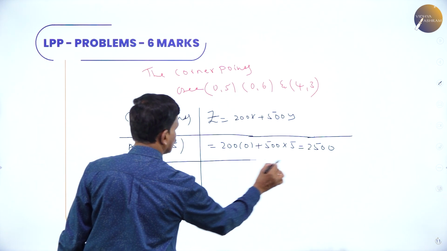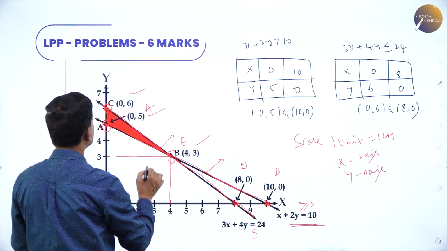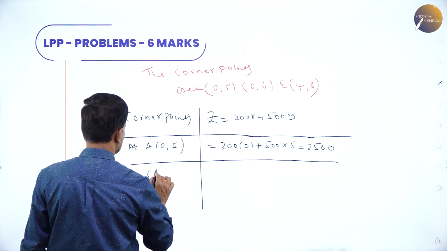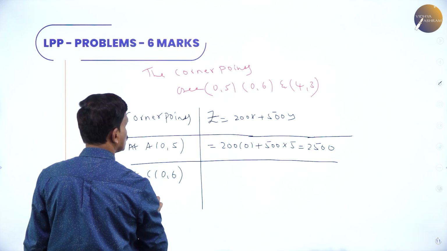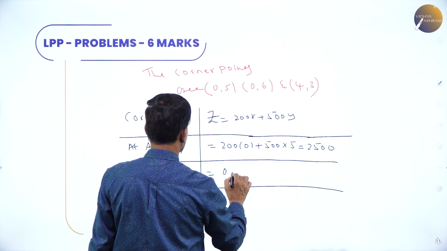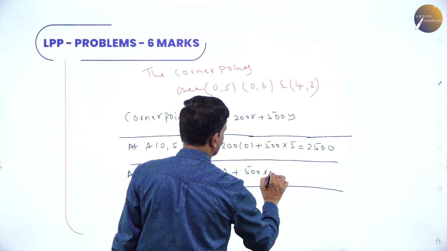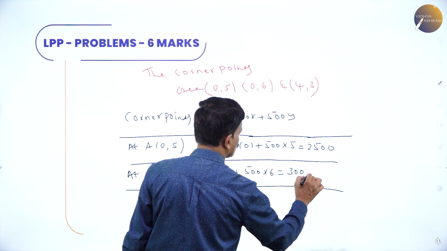Next, at the second point C, 0 comma 6, this is 0 plus 500 into 6, that is 3000.